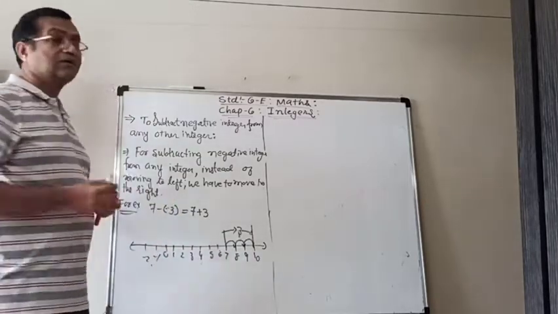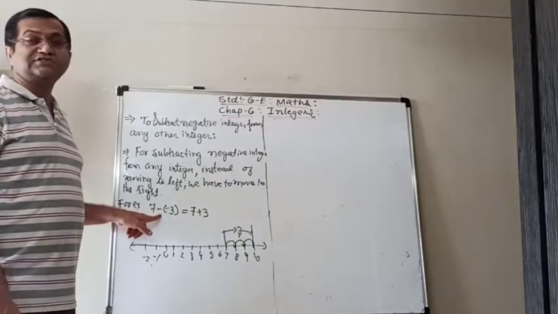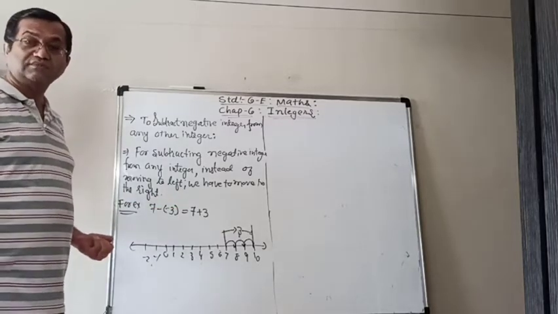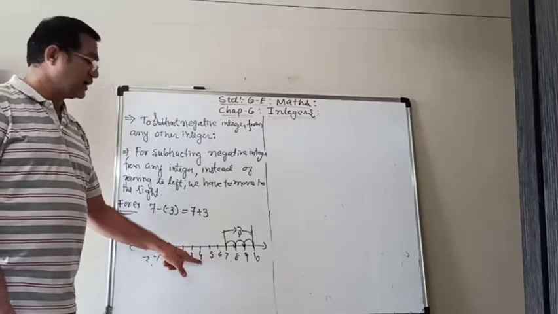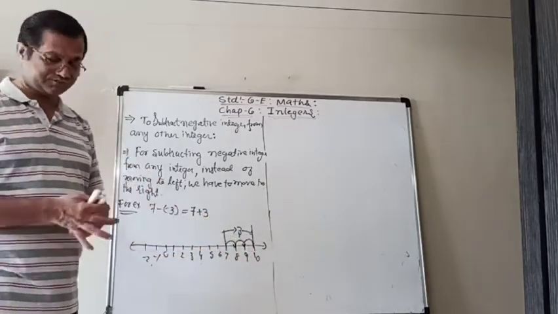Here there is a general chance of making a mistake: students will see minus and move to the left side. They will count 1, 2, 3 and the answer will be 4. But you can see that the answer is 10 here.